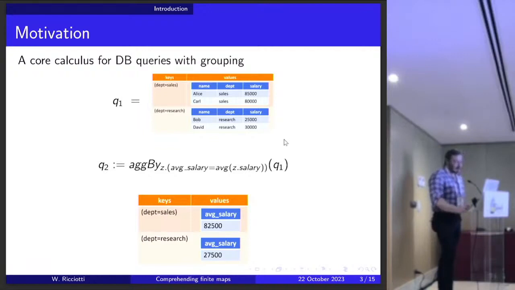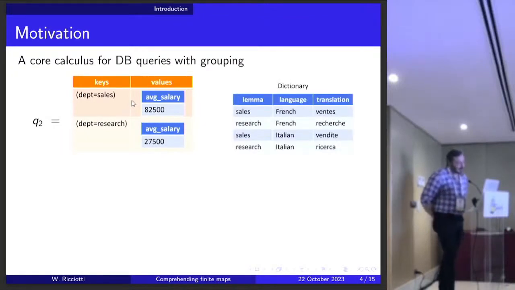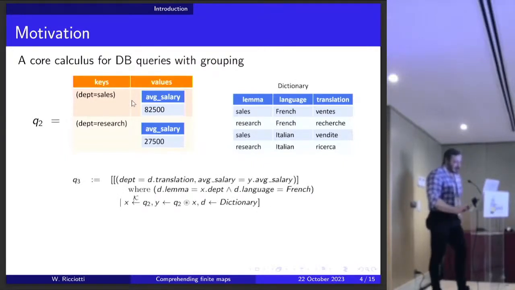Finally, we start with this grouped and aggregated relation, and then we think, well, that there is a French buyer, so we want to convert this relation using French words for the departments, and luckily we have a dictionary table that translates sales to vente and research to recherche, and then we can write another query using something that is called comprehension, that everybody surely knows from set theory, but is very used in the functional programming area as well.